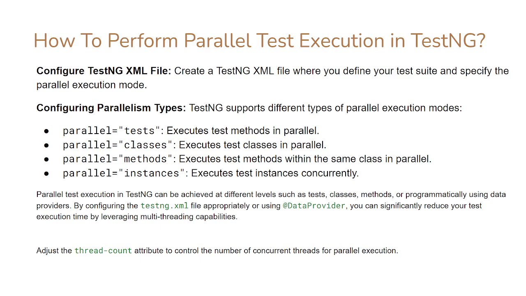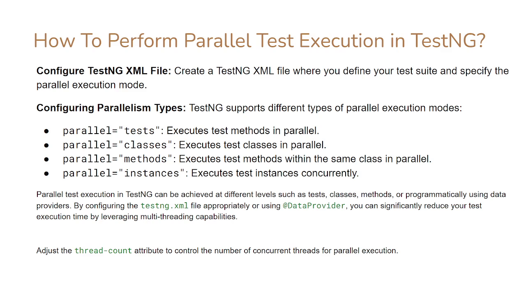So in summary, parallel test execution in TestNG can be achieved at different levels such as test, class, methods, or programmatically using data providers. Data provider is also an annotation which is widely used in TestNG for parameterizing or running parallel test execution.